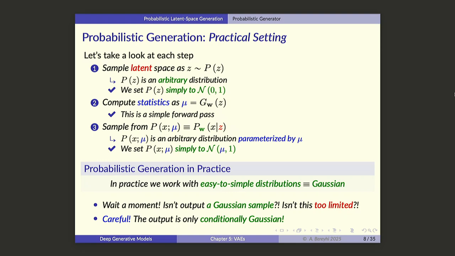But you are going to mimic some data distribution, which is supposedly much more complex than a simple Gaussian distribution, right? So, do you think this is really the case? Do you think that we are taking samples from a Gaussian distribution?